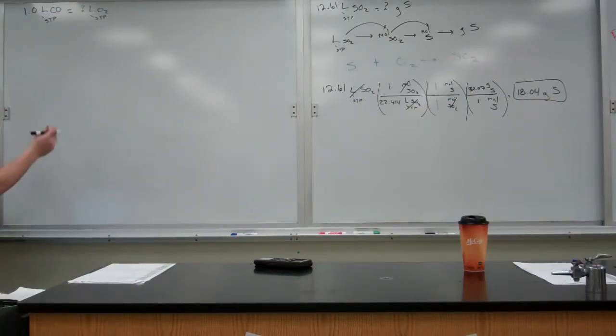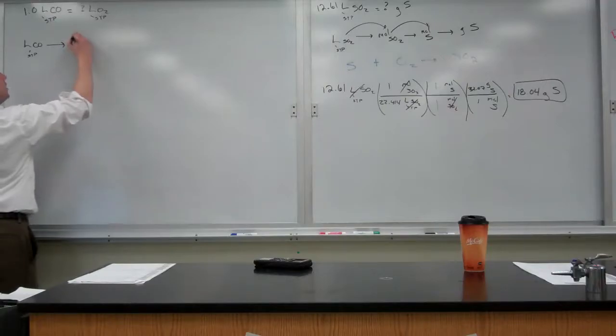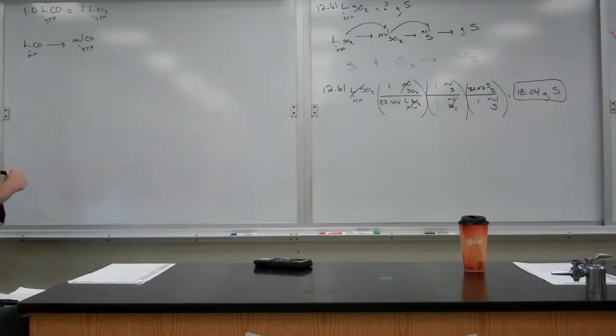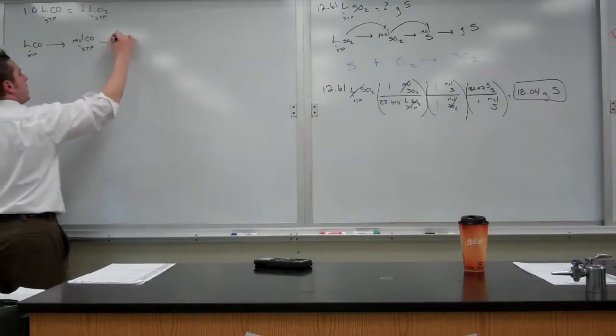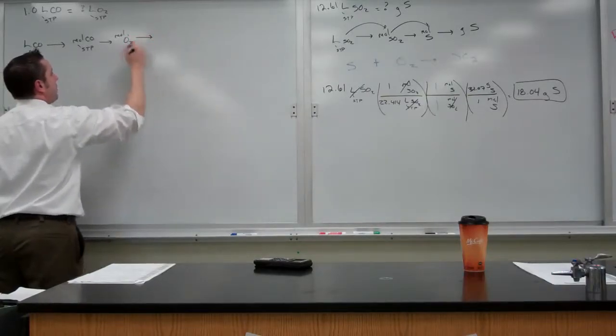So let's set up a strategy. First thing, I'll start with liters CO at STP. First thing I want to do, get it to moles as quickly as I can. So we'll go to moles CO at STP. Shouldn't be a problem. We can do that in a bracket. Once I get to moles, I can change identity. Mole CO will go into moles of O2.